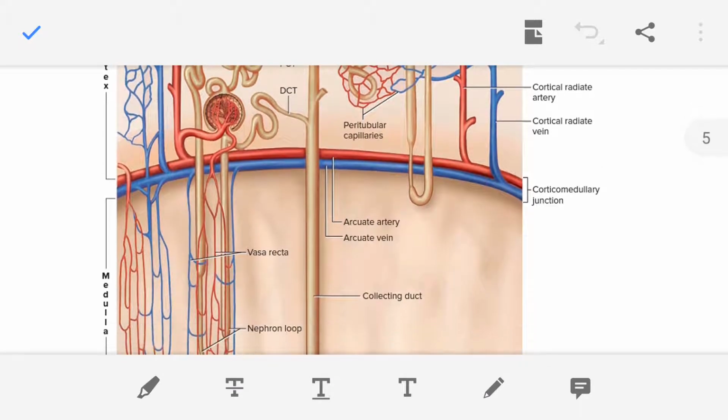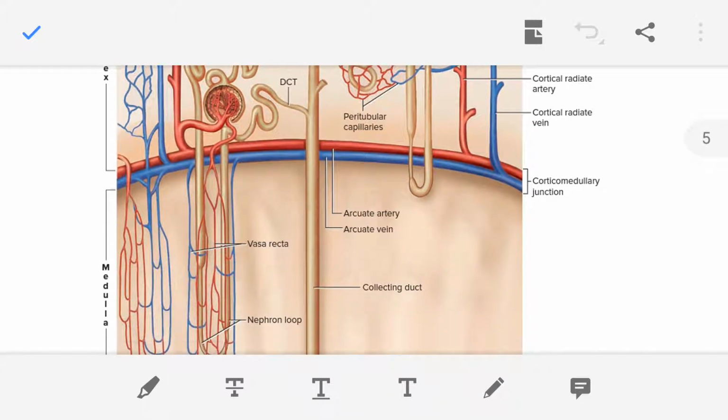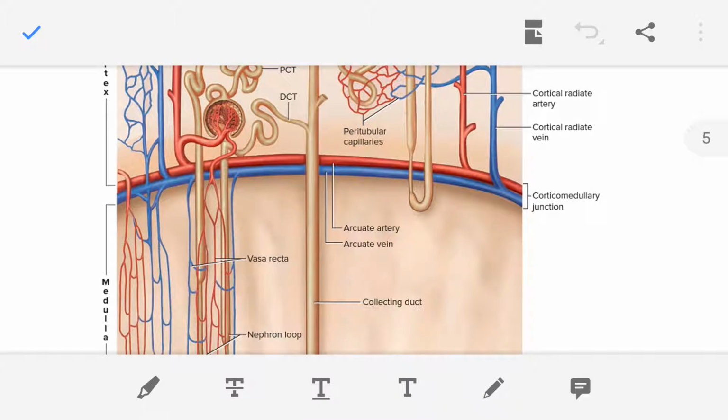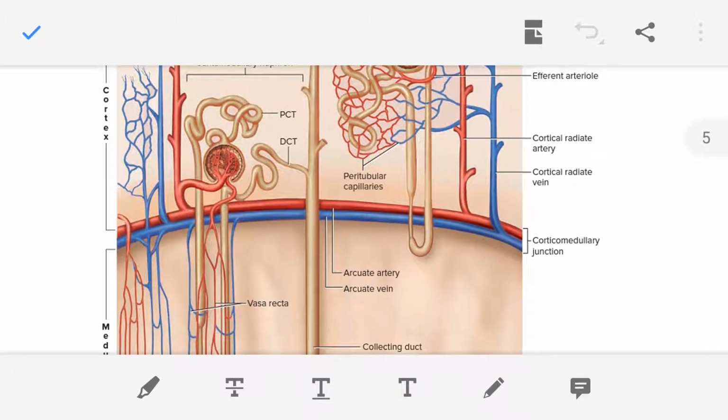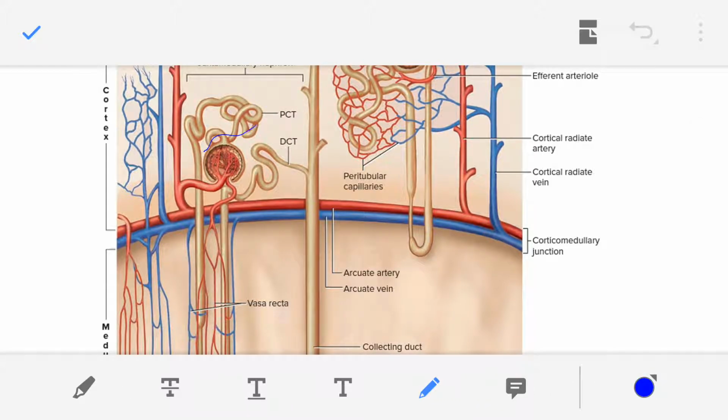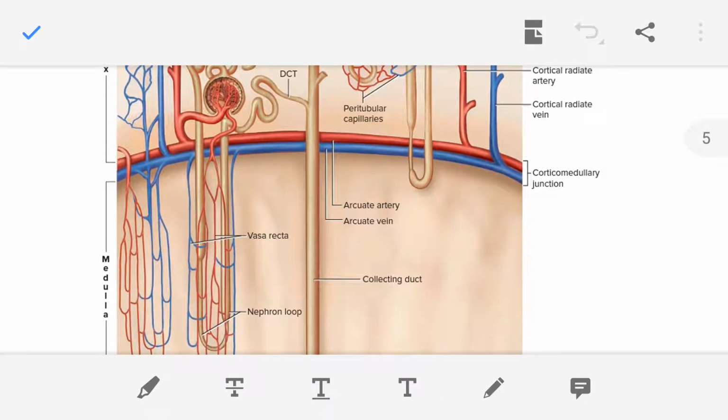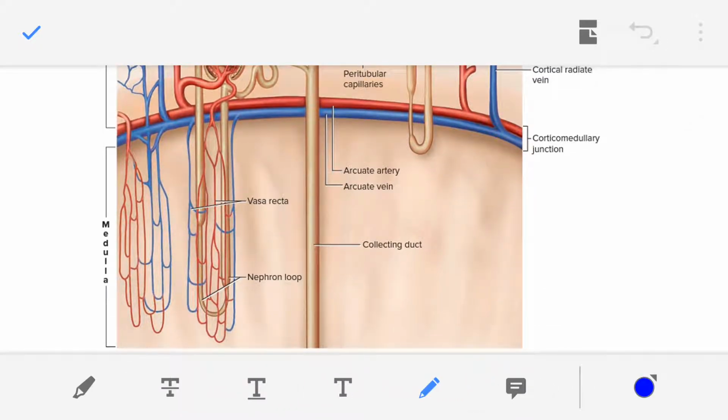For example, over here you see this PCT, then it straightens up, and this straight portion of the renal tubule then enters into the medulla. Now again this renal tubule is making a hairpin-like turn.